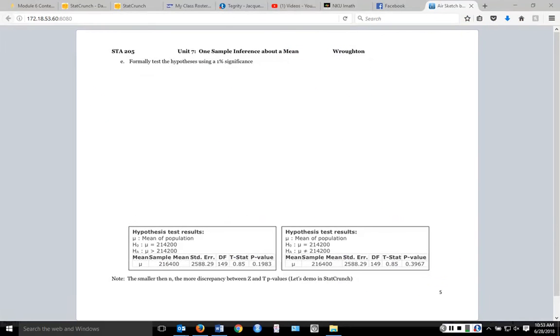All right, now we're finally going to be doing the hypothesis test using a 1% significance level. So that's telling us then that our alpha is going to be 0.01. As you can see here at the bottom, I already have my StatCrunch output that I'm going to need, but we'll talk about that more when we get there. All right, so my first step is always to do my hypotheses.